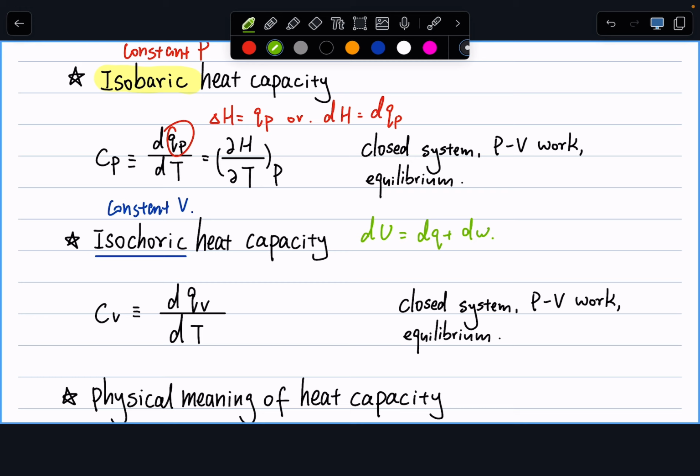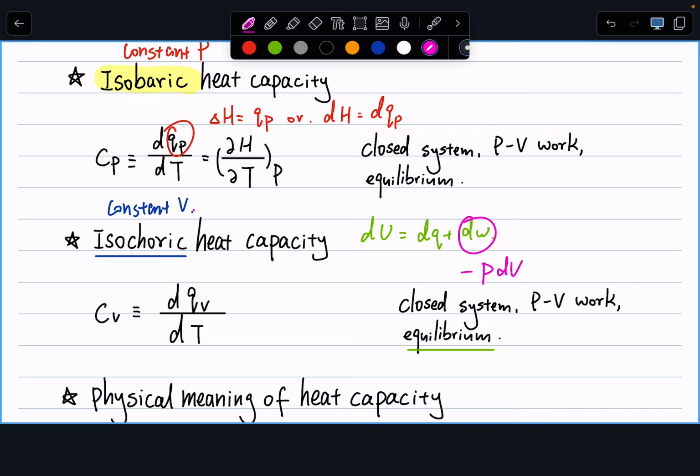Since we're at equilibrium, with only reversible work allowed, this dw term becomes negative P dV. So we're using the equations on the board that we covered before.